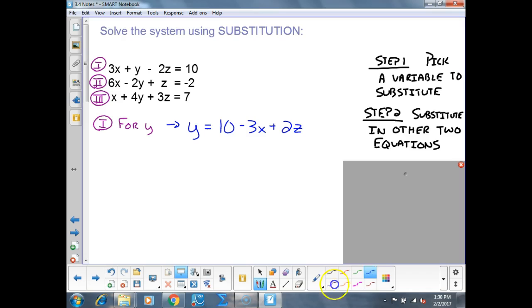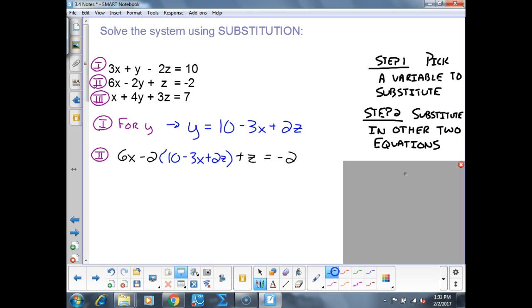So, in equation number 2, it's going to be 6x minus 2 times 10 minus 3x plus 2z, plus z equals negative 2.